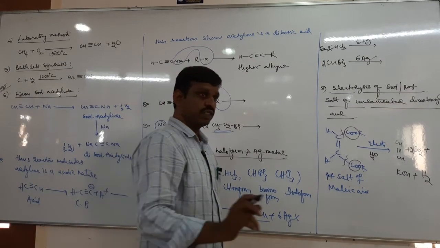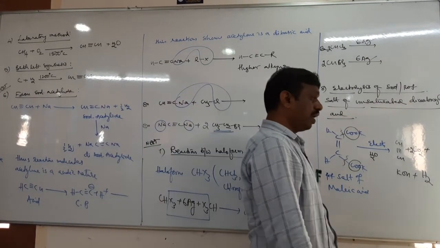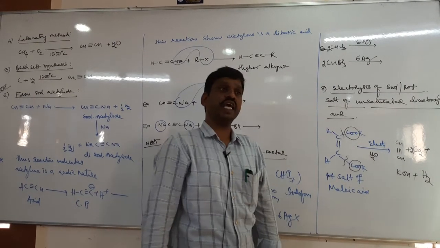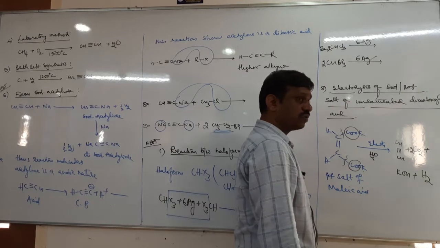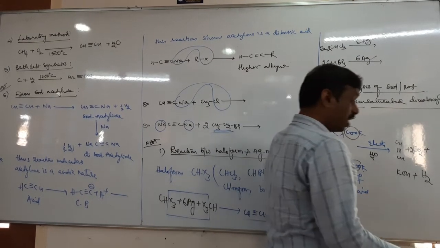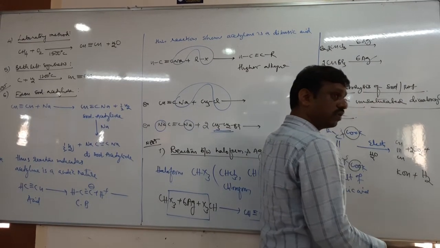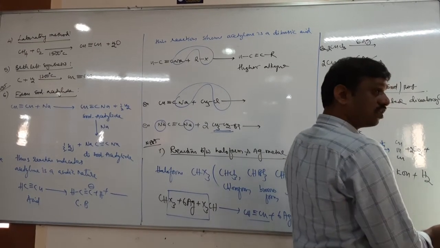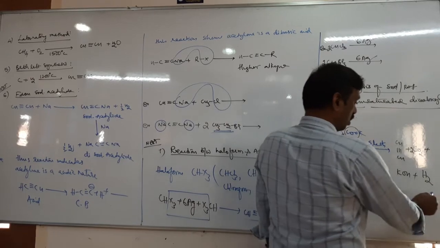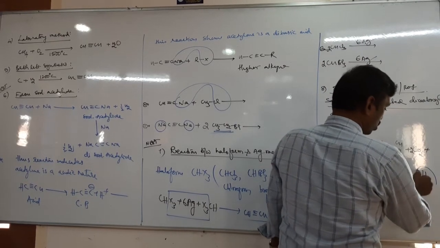Now tell me here. What are the products at cathode and anode? Tell me which product is obtained at cathode? Rajeshwari, product at cathode. So the product at cathode is hydrogen gas, no?